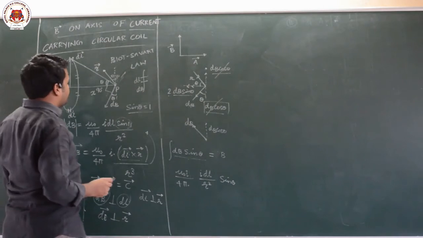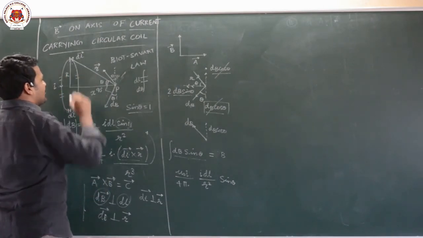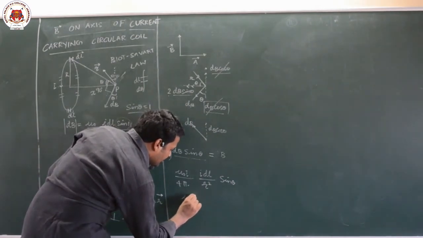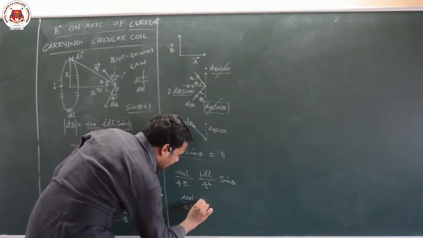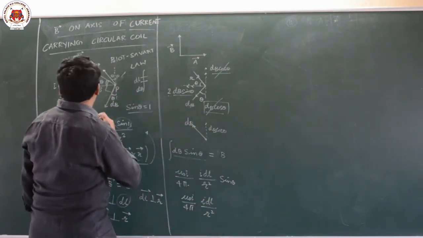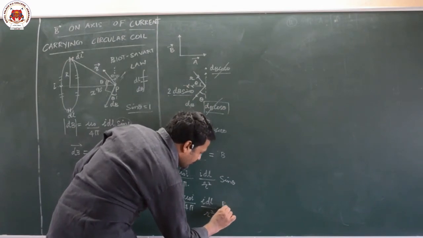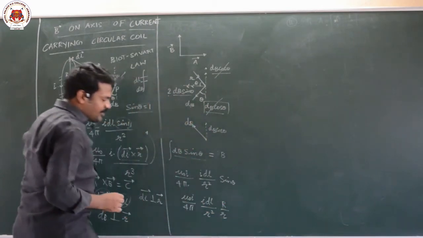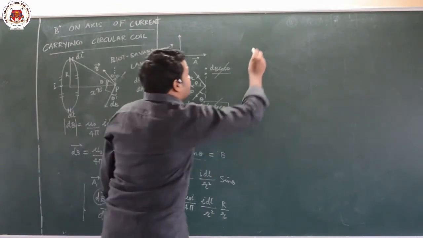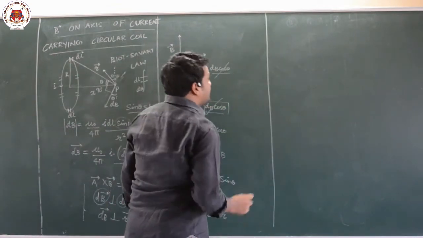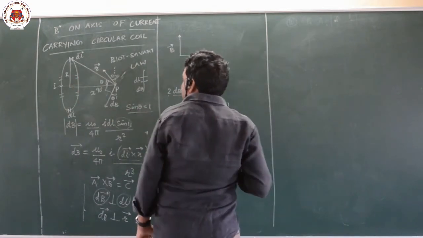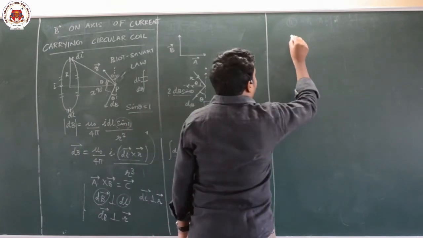Sin θ is equal to opposite side by hypotenuse, which is capital R by small r. Now write the value of r: r is equal to the root of capital R square plus x square.